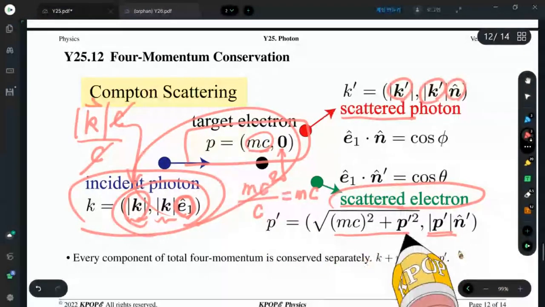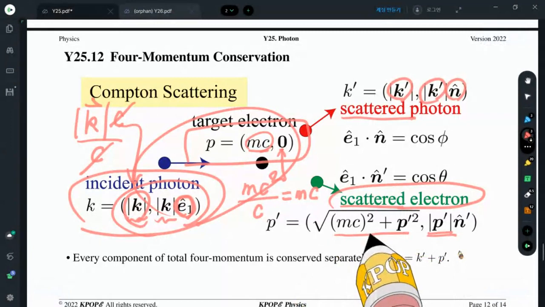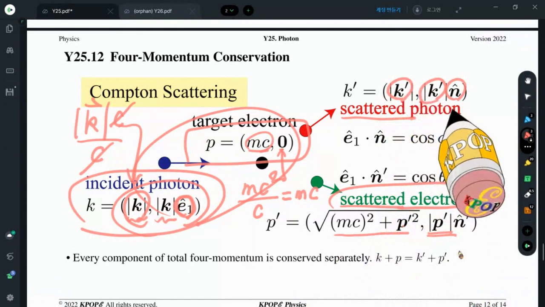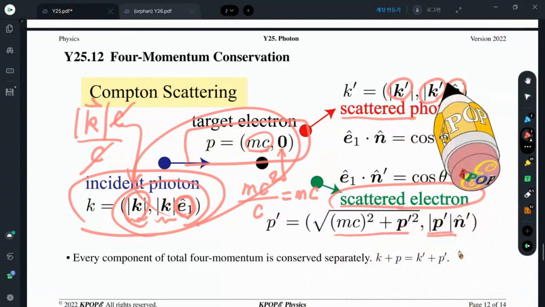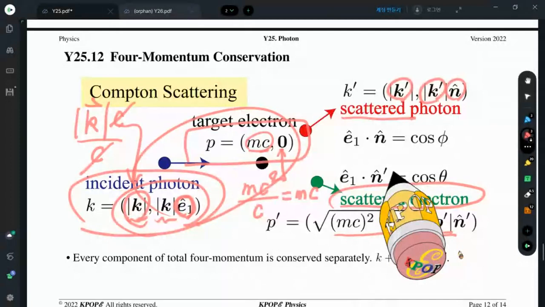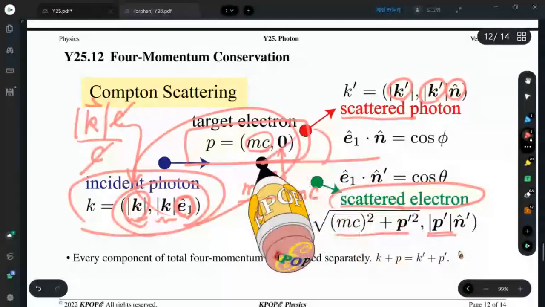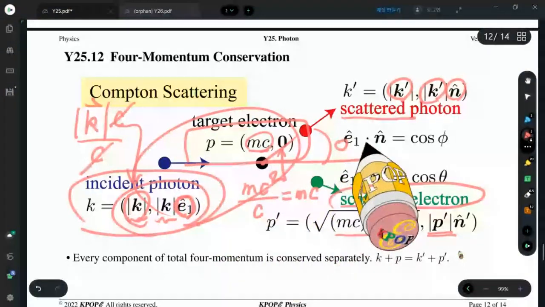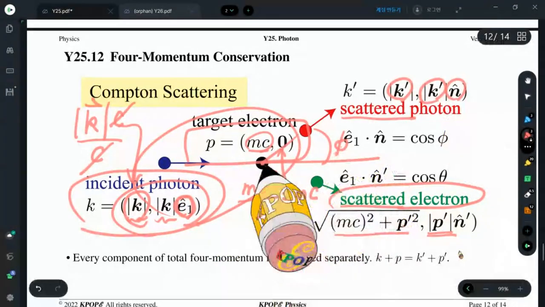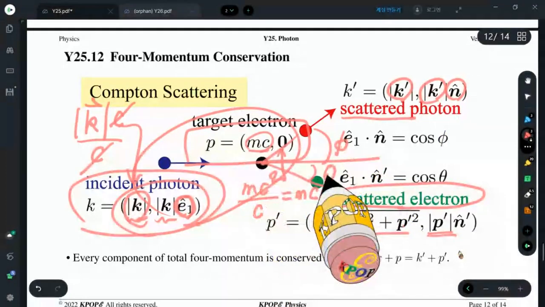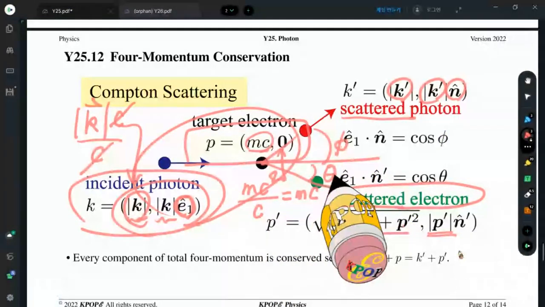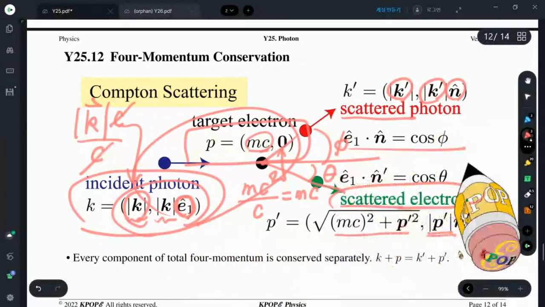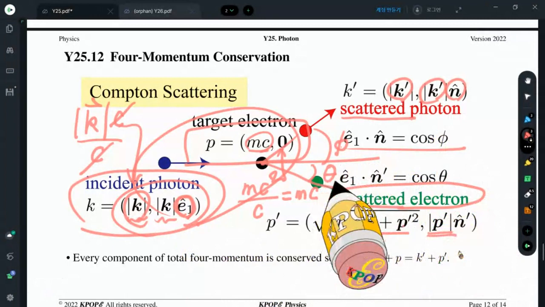Therefore, its energy divided by the speed of light is written in this form. Both the scattered electron and photon are denoted with a prime. This angle relative to the x-axis is phi, and this one is theta. Therefore, the scalar product between the two unit vectors is cosine phi, and this one is cosine theta.